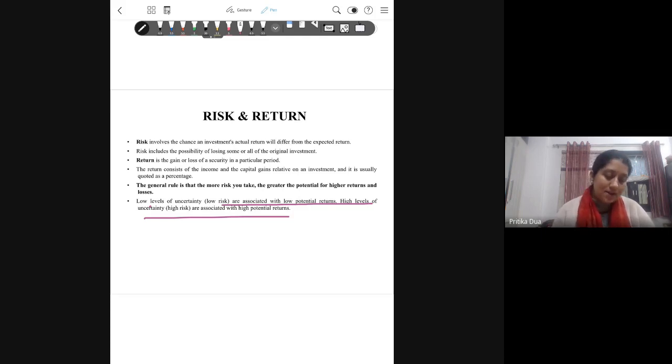So, which means, say, I invest in a share of TCS, and I expect that in 1 year the return I will be getting is 10% on the investment made. Okay. Now, risk is that this investment can at the end of the year fetch me 5% return.